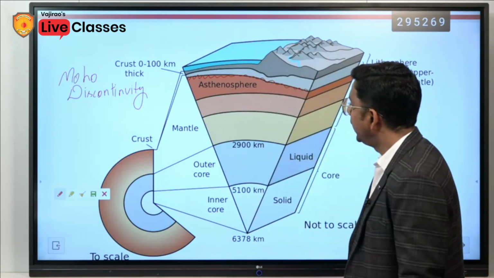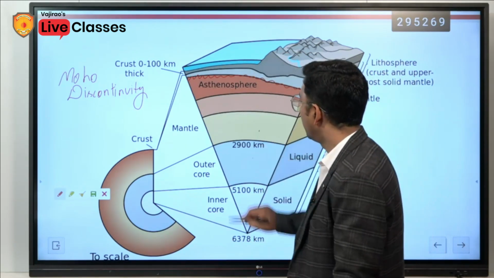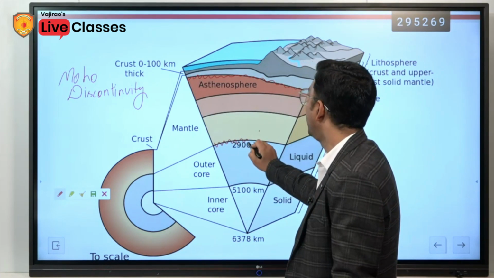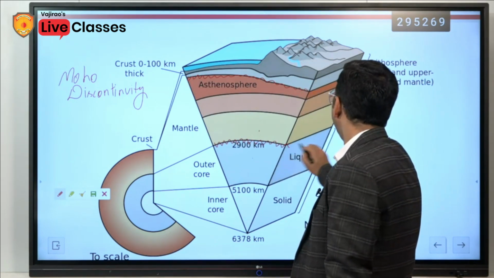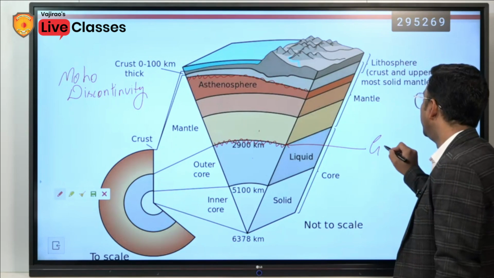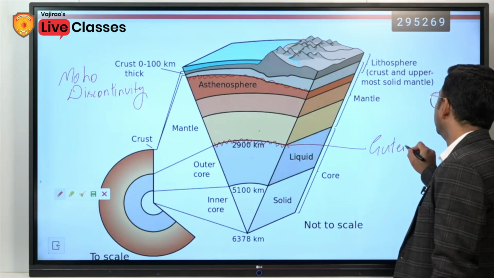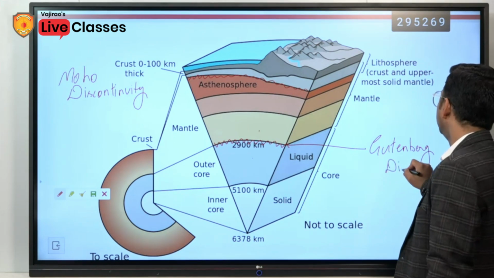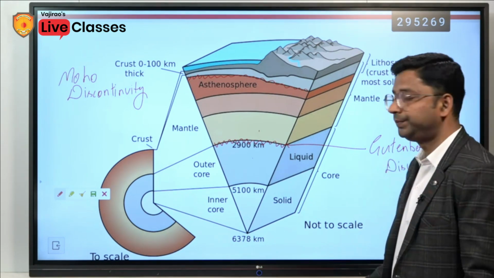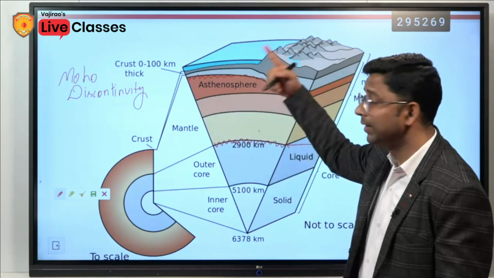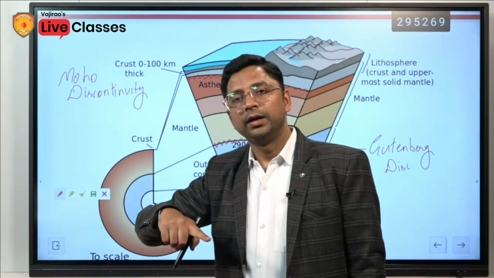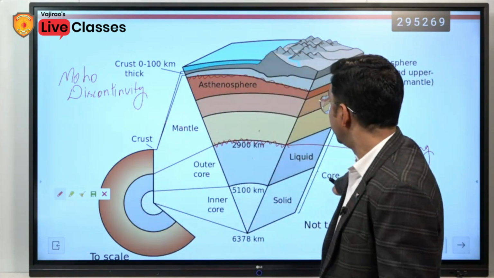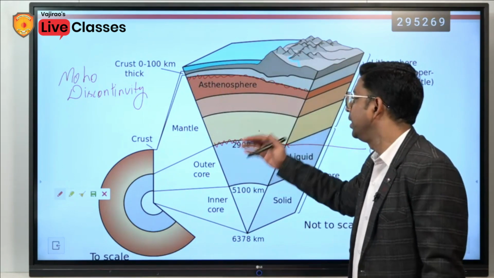The discontinuity between mantle and core is called Gutenberg discontinuity. Moho discontinuity between crust and mantle, and Gutenberg discontinuity between mantle and core.